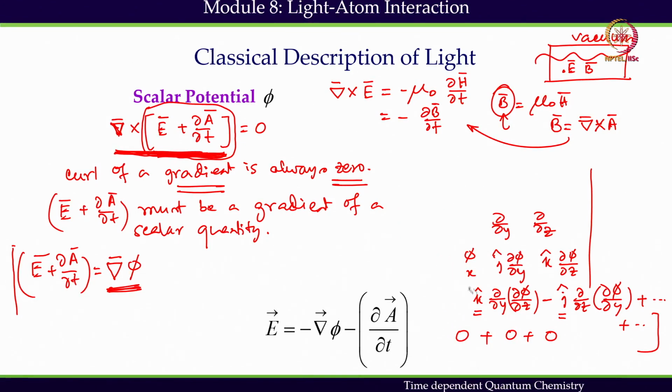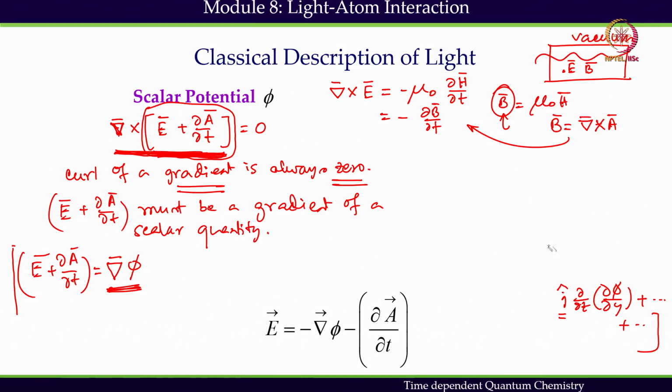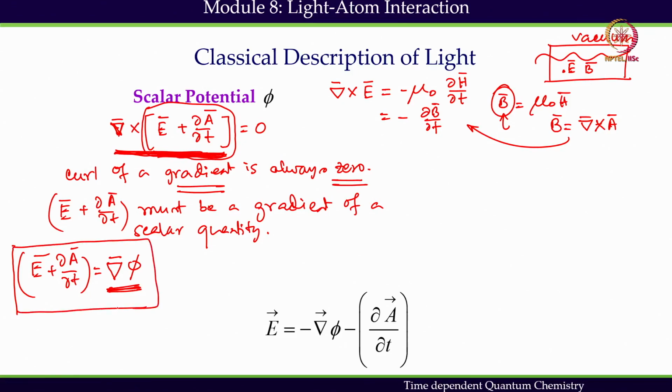And the moment I express it this way, this entire quantity, that is the electric field plus the time derivative of the vector potential, is represented by the gradient of a scalar quantity. This phi is called scalar potential.